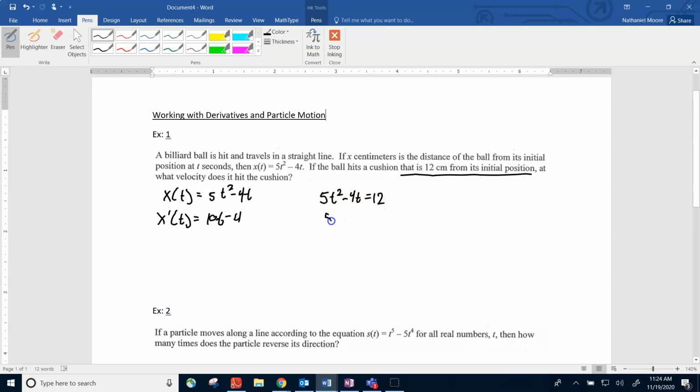To do that, we move 12 over, so we have 5t squared minus 4t minus 12 equals 0. Then we can factor, trying to find two values that add to negative 4 and multiply to negative 60. Those two values would be 6 and negative 10, so we'd have something like t plus 6, t minus 10 equals 0.